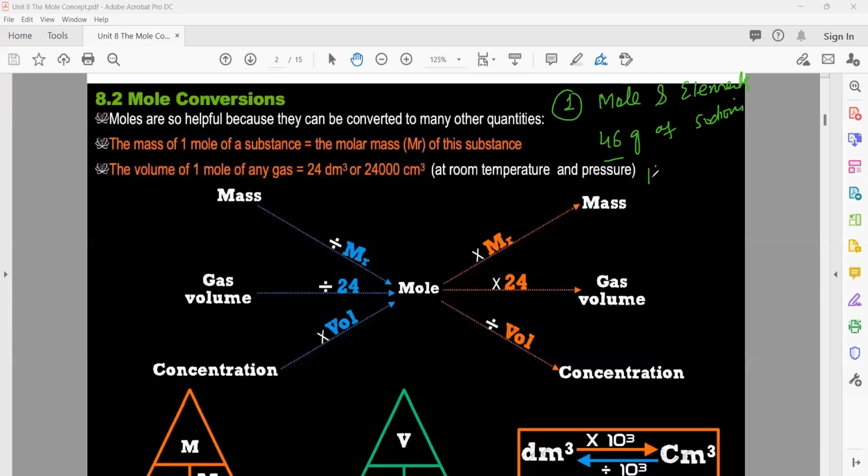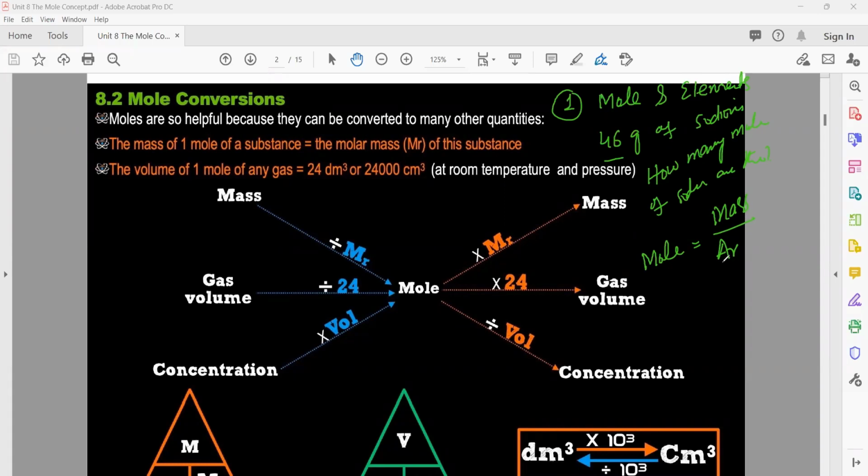How many moles of sodium are there in this 46 gram? So simply, what is the formula? Mole equal to mass over AR, relative atomic mass.